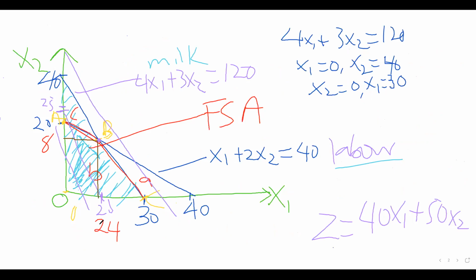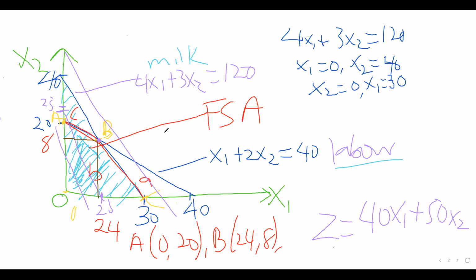Now what are the coordinates for A? At this stage you can see the coordinates for A are x1 to be 0, x2 to be 20. The coordinates for B, we just found them, x1 to be 24, x2 to be 8. Always write x1 first.